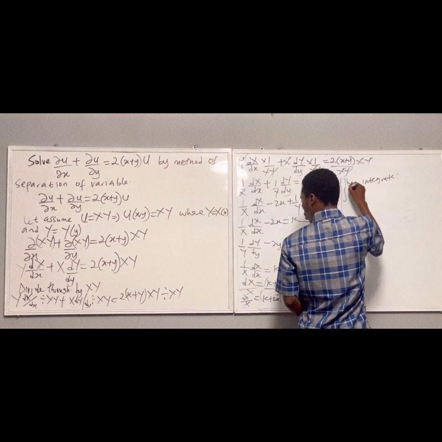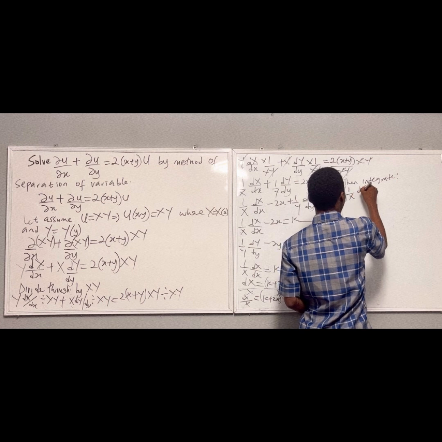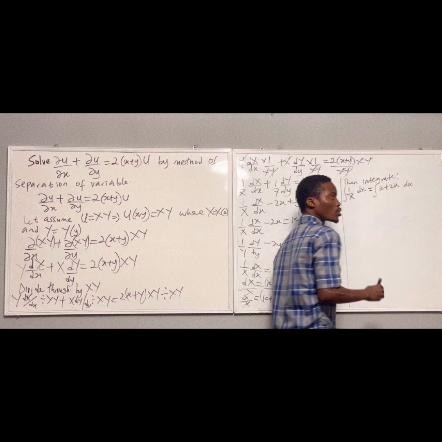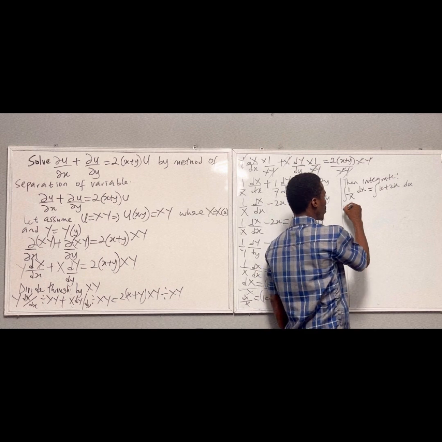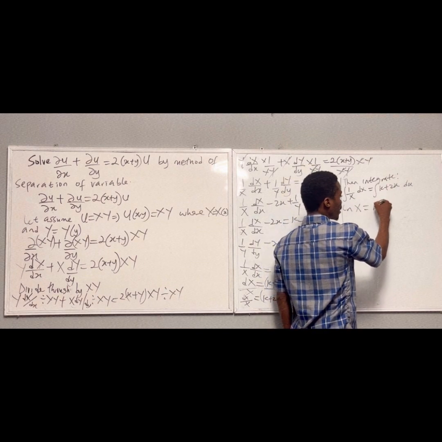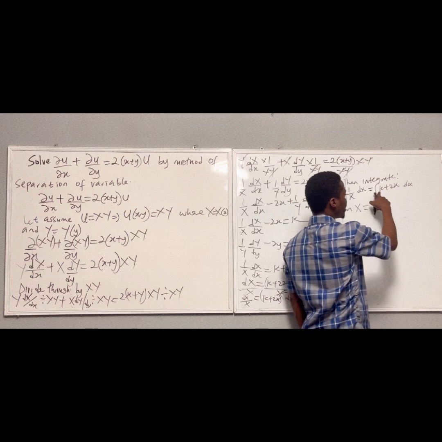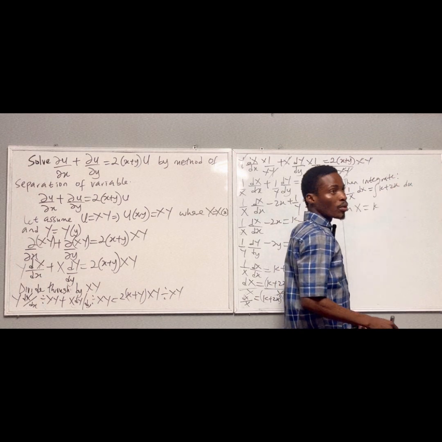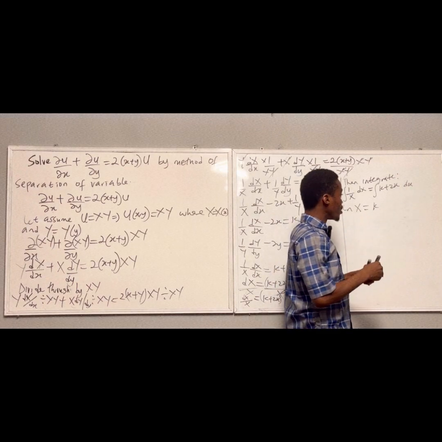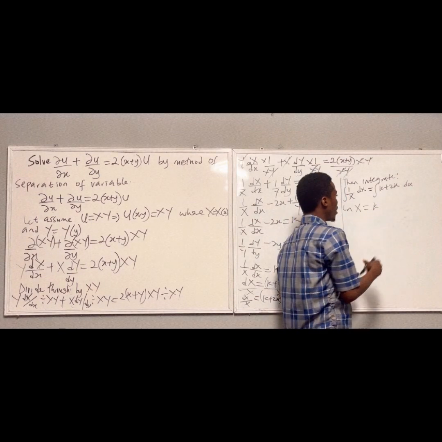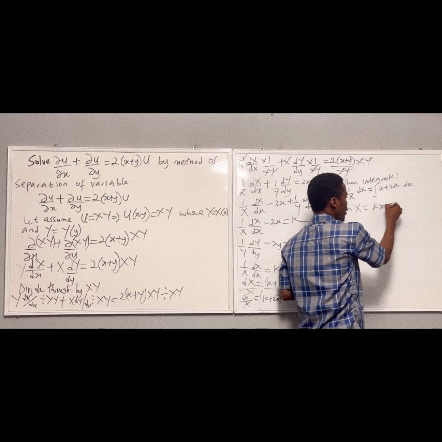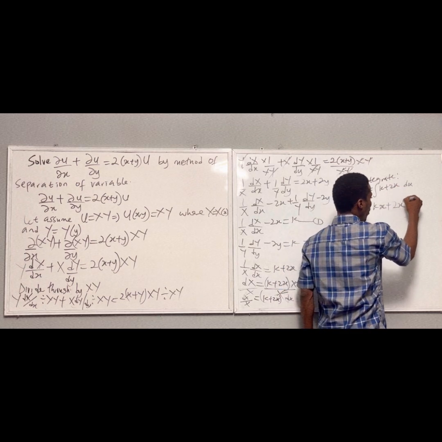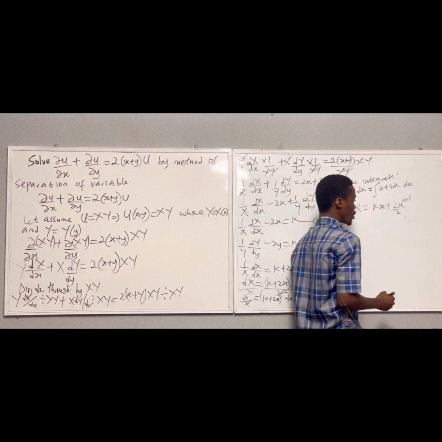I'm going to have 1 all over x dx is equal to k plus 2x dx. So if I integrate this, what am I going to have? I'm going to have ln x is equal to, if I integrate the constant k, I'm going to have kx, plus, if I integrate 2x, I'm going to have 2x to the power 1 plus 1 all over 2.